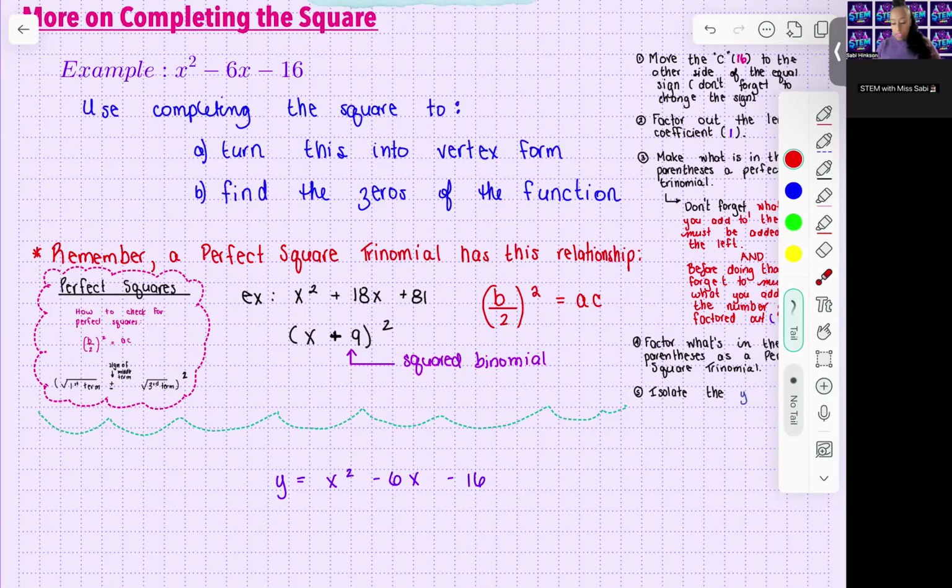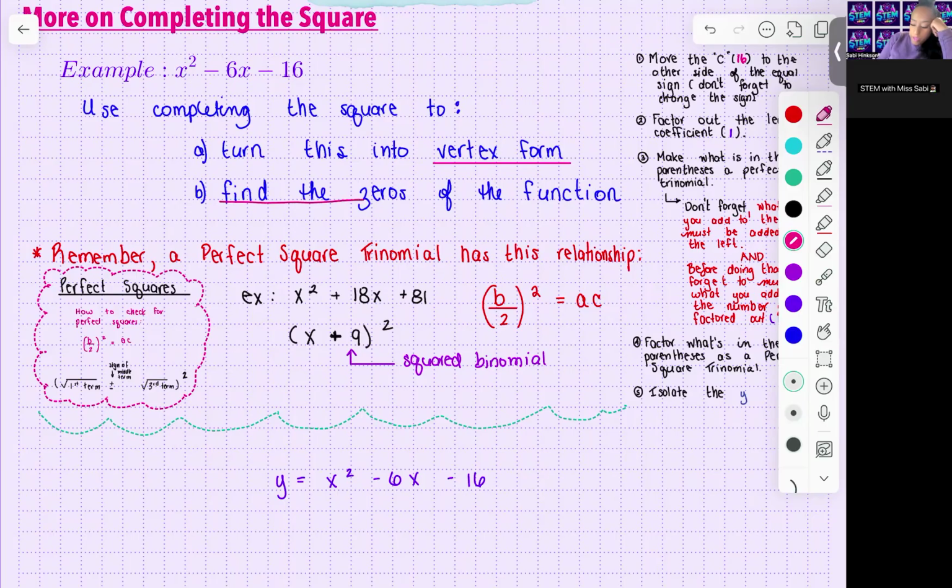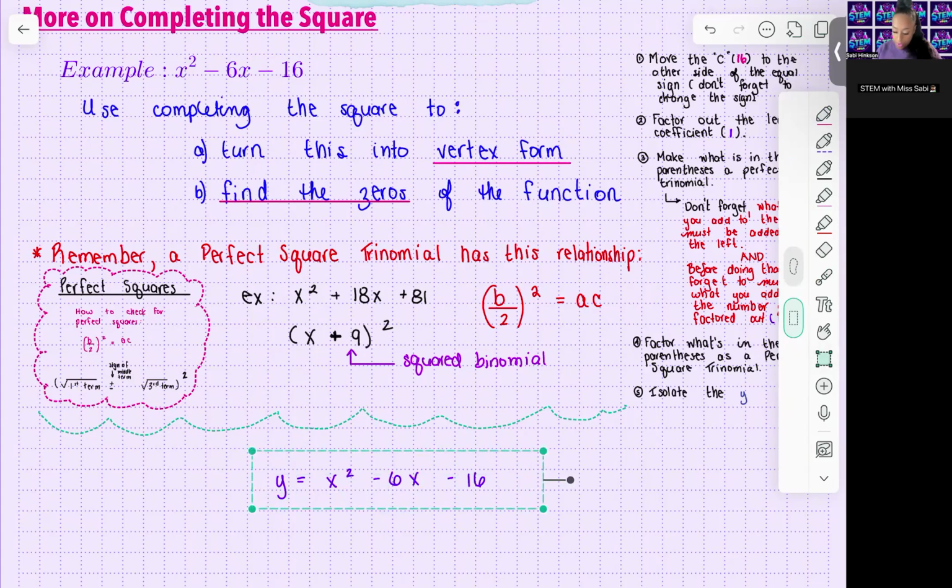You can use it to convert a quadratic function from general form to vertex form, or you can use completing the square to find the zeros. We're going to take a look at what that looks like for this function, and we're going to try to use completing the square for both.